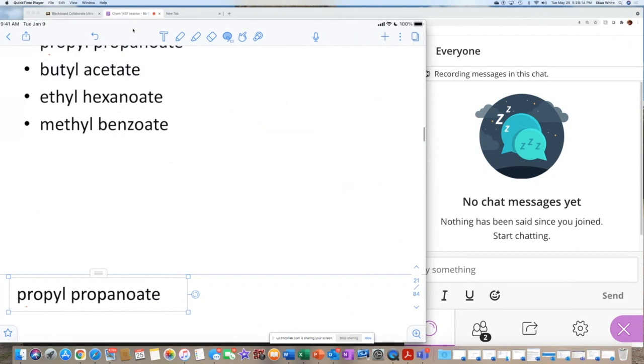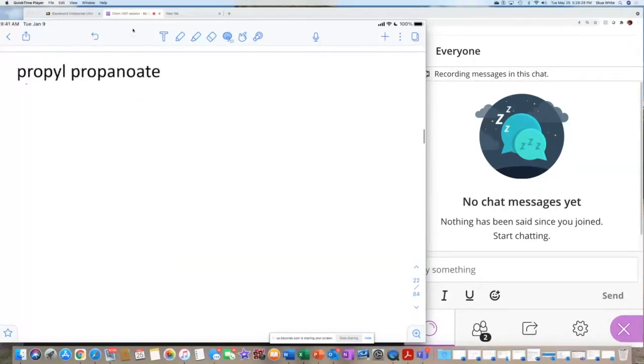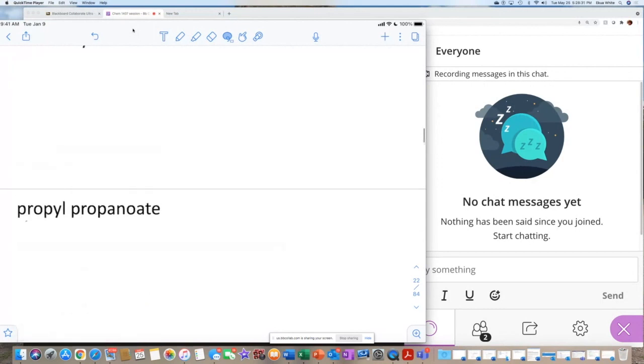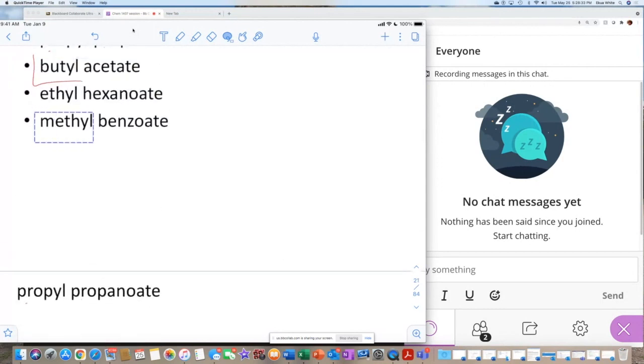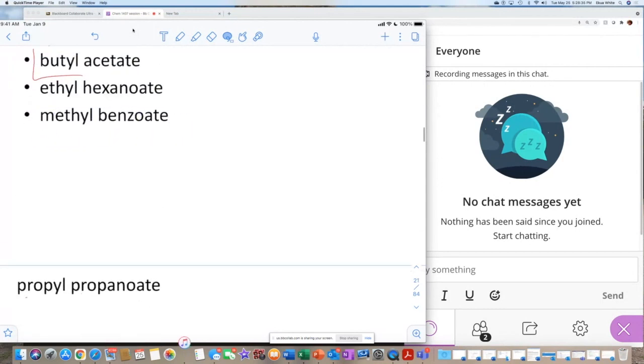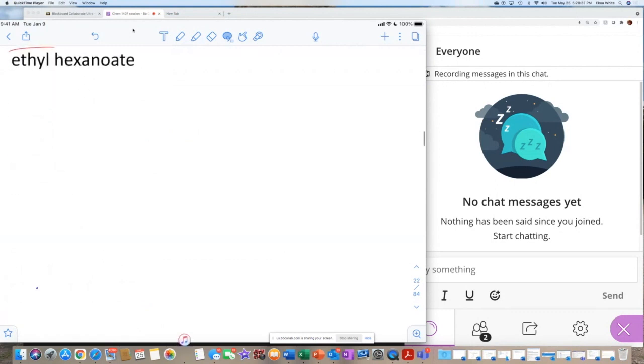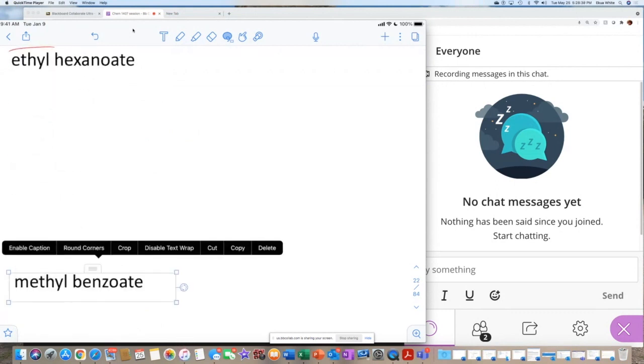Then let's see, this is a common name. I'll do this one here. And the last one will be the one with the benzene. Copy. Methyl benzoate. Okay, this should be cool.